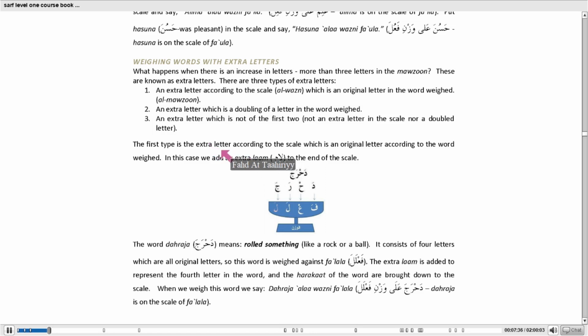Now, if you understood what we have just instructed, then know that the number of original letters in the scale is 3. Correct? Because we said the letters of the scale are how many? 3. The fa, the ain and the lam.